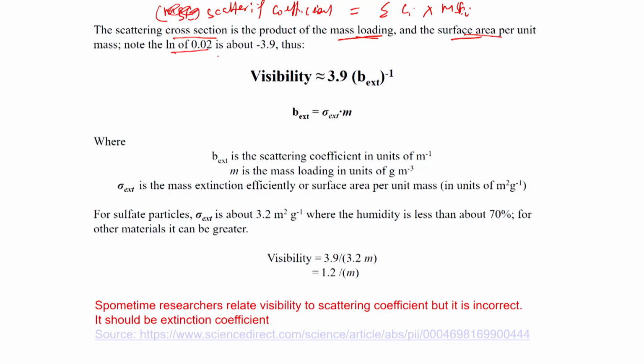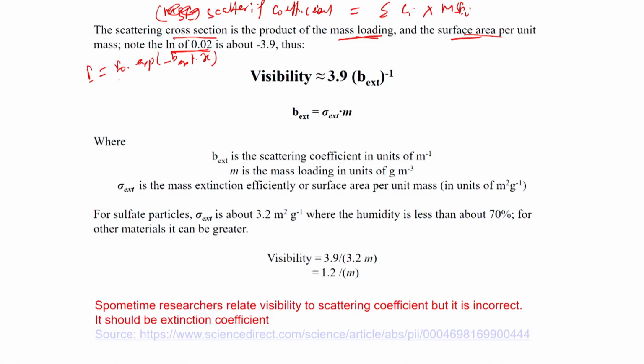If you take ln of 0.02, this gives the maximum visibility that we talk about. We had the equation I equals I0 into exponential of minus b extinction into x.